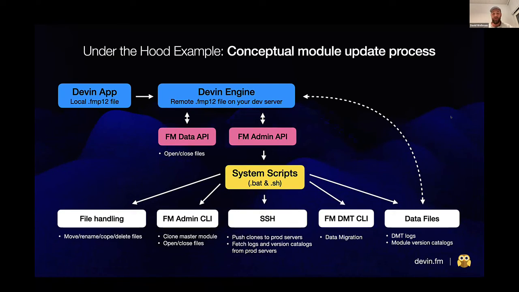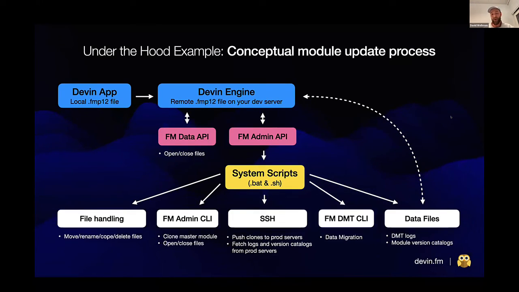Then SSH is a huge part of how things are synced between the servers, and how, for instance, clones are pushed from the development server to the production servers. And then obviously the data migration command line interface handles the data migration itself. That's also triggered through a script that I will show in a minute. To sync all of this back into the Devin engine, we use a lot of log files and status and progress files.